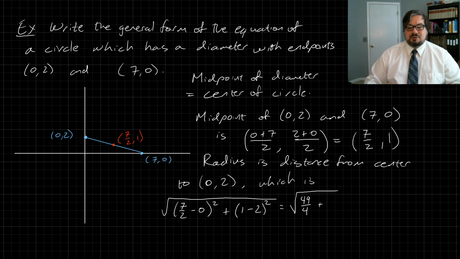And then 1 minus 2 is -1. -1 squared is 1. So we get the square root of, now 49 fourths plus 1. 1 is 4 over 4. So 49 over 4 plus 4 over 4 is 53 over 4. And we can simplify that down a bit. That's the square root of 53 over 2.